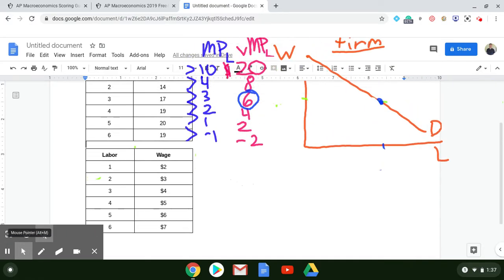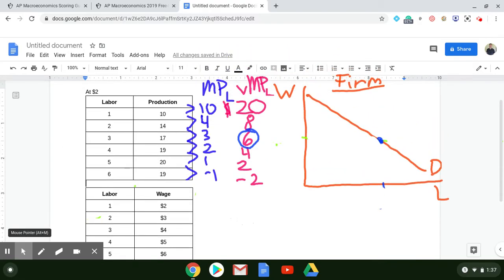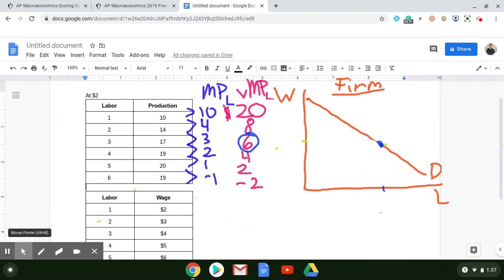Okay, so set all this up. What I've added on here is basically our supply. Now, before I get into all that, let me make something abundantly clear.